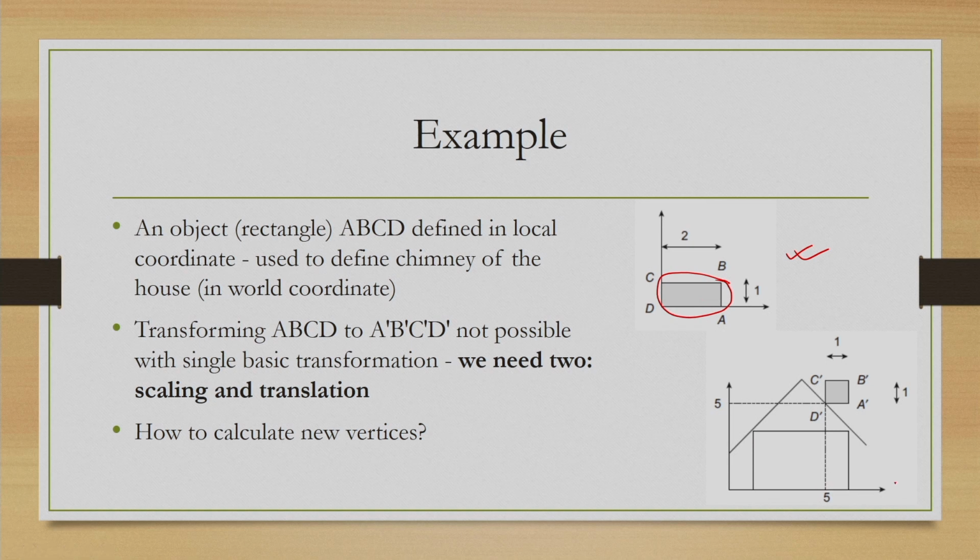Now, the bottom figure shows a world coordinate scene in which the same object is placed here, which is used to define a chimney, let us assume, of the house. Here you can see that the original vertex A got transformed to A dash, B got transformed to B dash, C got transformed to C dash, and D got transformed to D dash, and also the dimension changed.